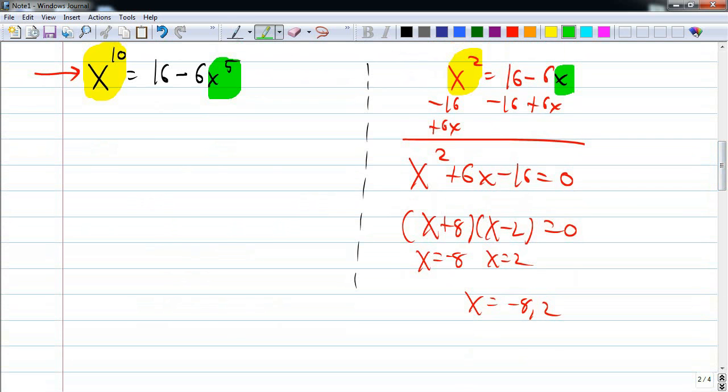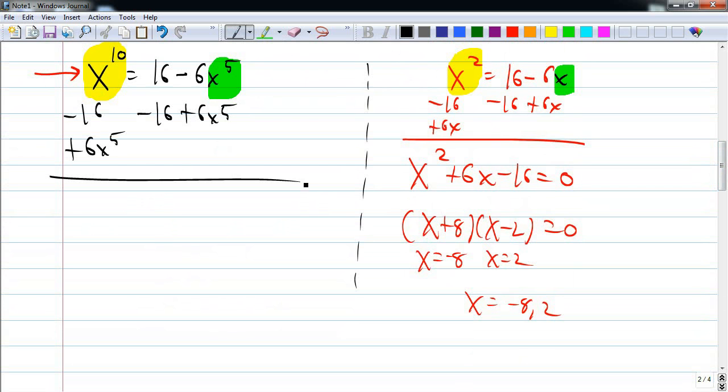What do I mean by that? Well, over here, I pulled everything to one side and I factored. Because this has a quadratic form, I can do the same thing. Minus 16 plus 6x to the 5th. So I'm going to get x to the 10th plus 6x to the 5th minus 16 equals 0.